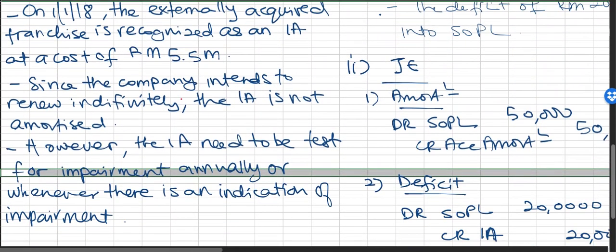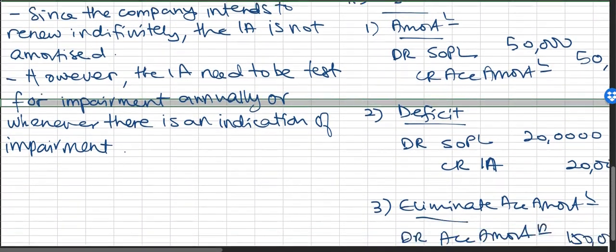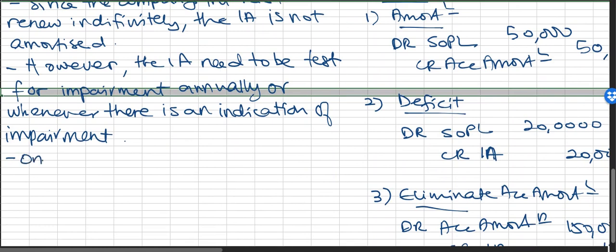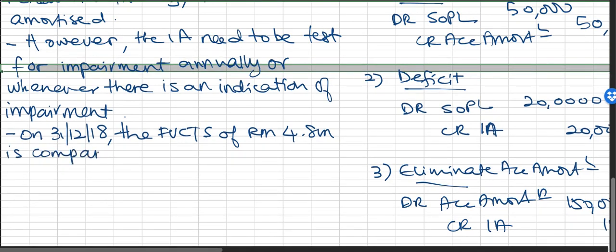Now we talk about 31st December 18. On 31st December 18, the fair value less cost to sell of RM 4.8 million is compared with the carrying value of RM 5.5 million.